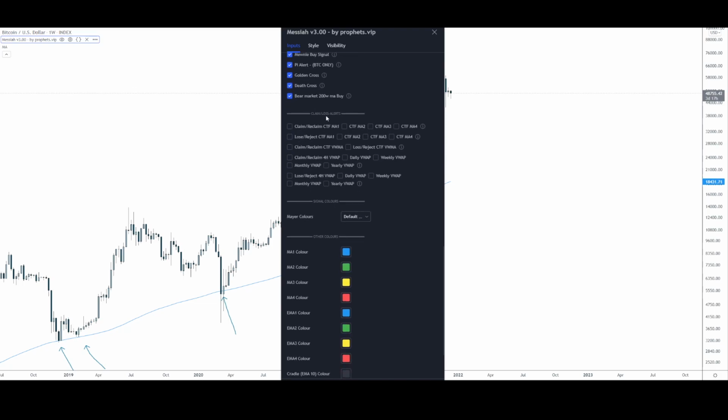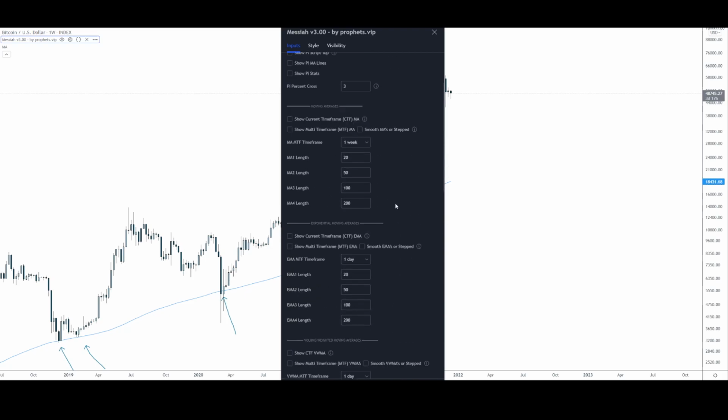These are claim and loss alerts based on the moving averages, or volume weighted moving averages, or the volume weighted average price. If they claim or reclaim it, you get an alert, and you get to choose the EMA you want to play with. That's 1, that's 2, that's 3, that's 4. They reflect these values here.